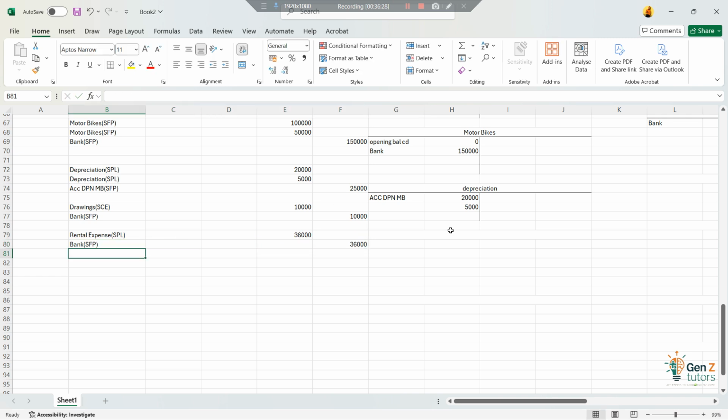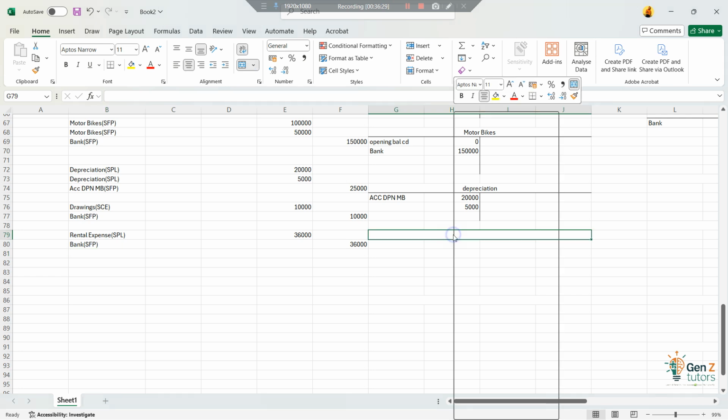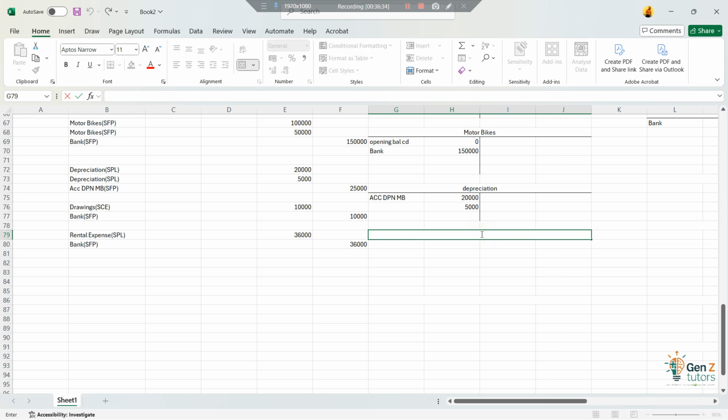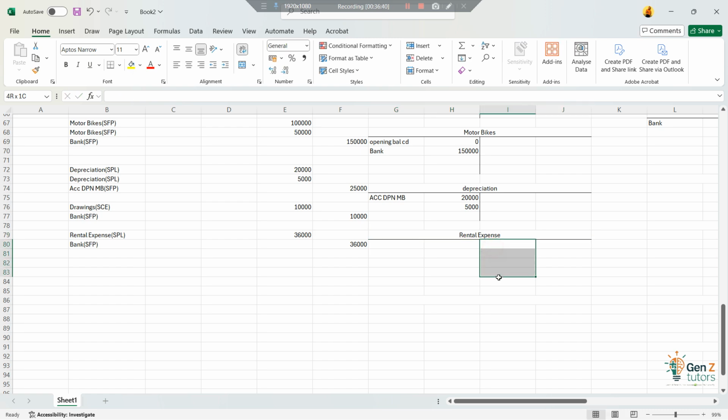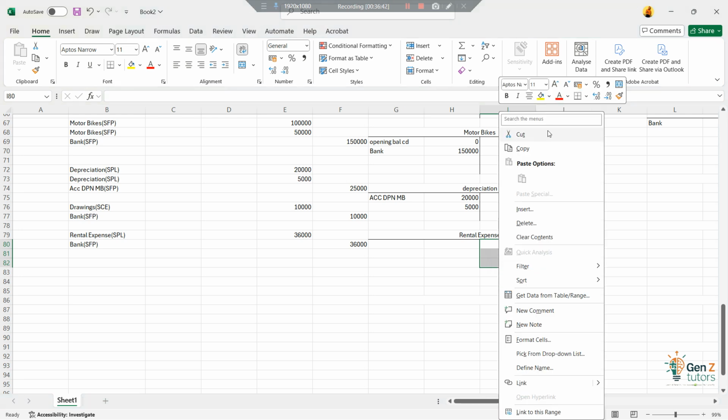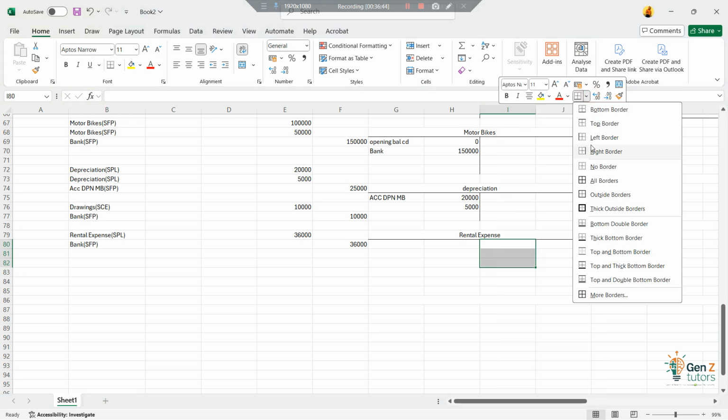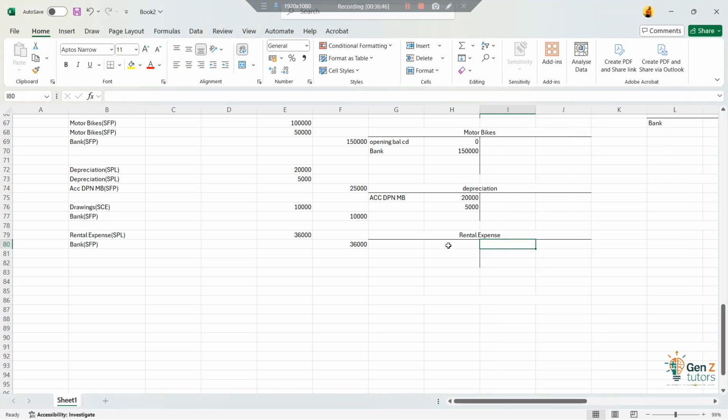For now, we'll just focus on this. Now, what do we have? Rental expense. We debit that. Rental expense goes to SPL. You are paying 3,000 every month for 12 months. Then from there, we just assume that we paid with bank.